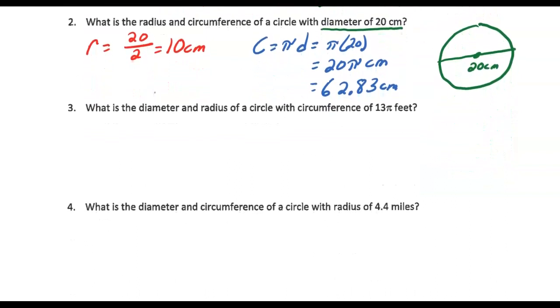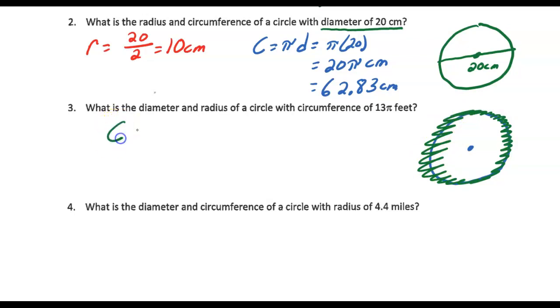And let's take a look at the third problem. The circumference of the circle is 13 pi feet. So if you were to walk around the circle, you would have walked 13 pi feet. So the circumference we know is pi times diameter. We're told that the circumference is 13 pi.